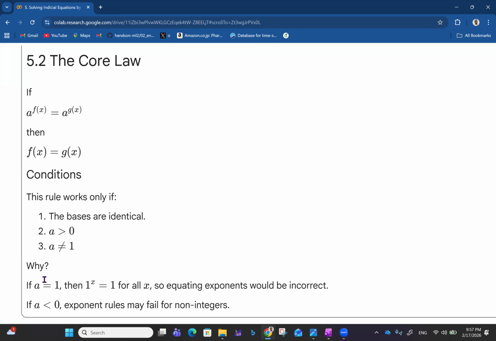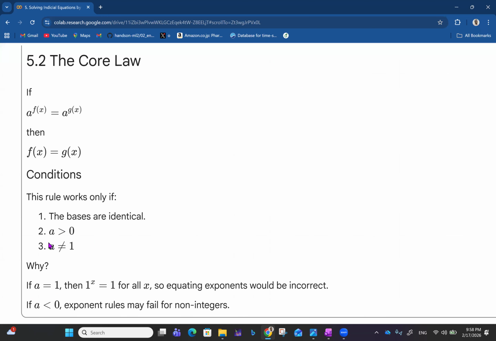If a is equal to 1, then 1 raised to power x is equal to 1, and that is true for every kind of x you can think of, because 1 raised to power 1 billion is still 1 at the end of the day. So a has to be not equal to 1, because if a is equal to 1, then 1 raised to power x is 1 for all x. So equating exponents would be incorrect in that case.